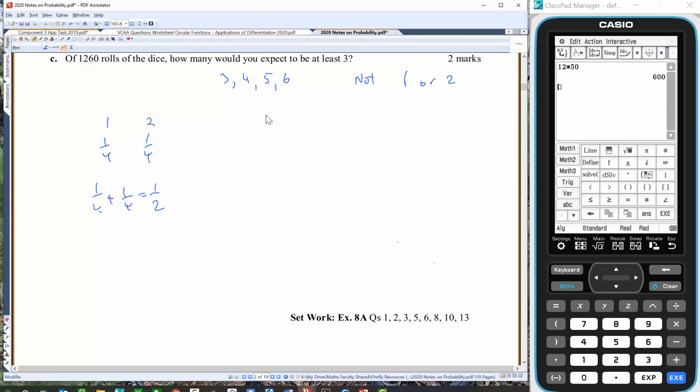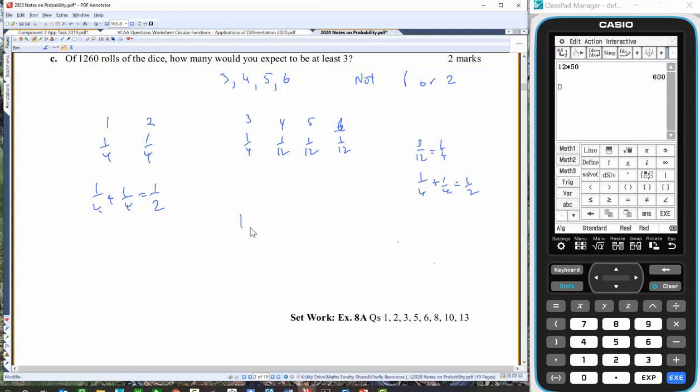We don't need to, but I'm just going to confirm that by going 3 was a quarter, 4 was a 12th, 5 was a 12th, and 6 was a 12th. All right, if we add them together, we've got 3 twelfths, which is equal to a quarter, and we've got a quarter as well for 3, so a quarter plus a quarter also equals a half. So these 4 added together equal a half, but it's easier to do that, not these two, okay?